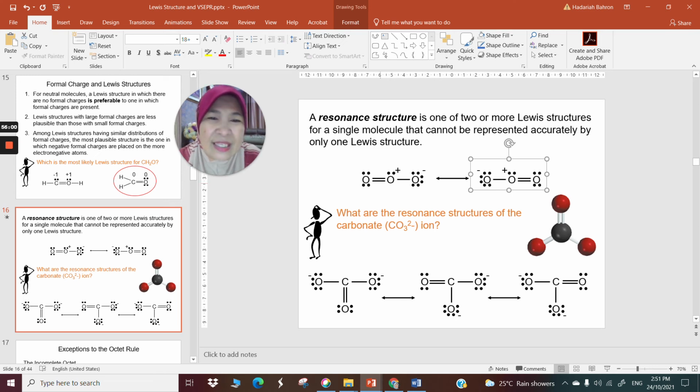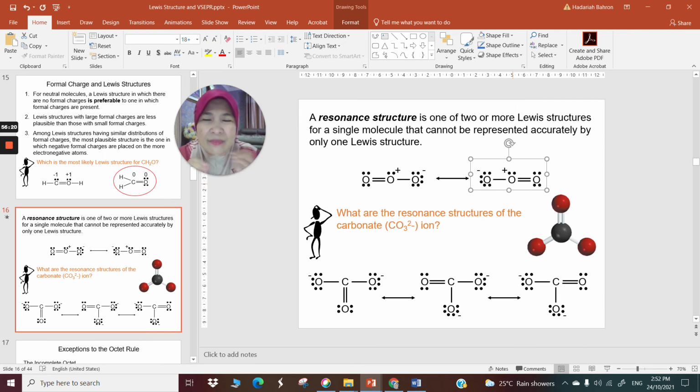They resonate. So in situations like this, you're going to find that in that molecule, one has a double bond on the left and single bond on the right, and the other has a single bond on the left and double bond on the right.